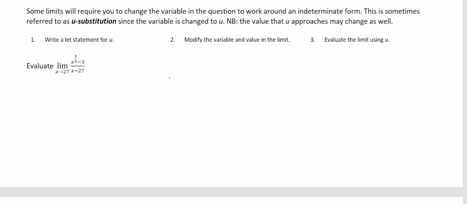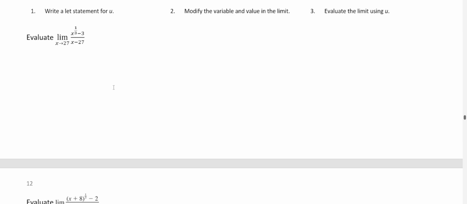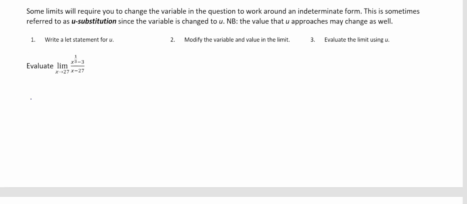So what I will say, here, I'll just make sure that I've got enough room here. Okay, I'm going to say let u represent x to the power of 1 over 3. So what this means now is u is equal to x to the power of 1 over 3.